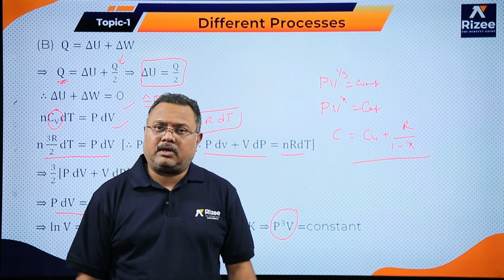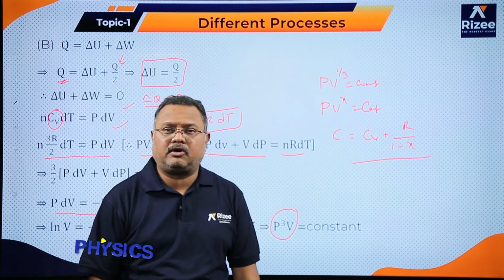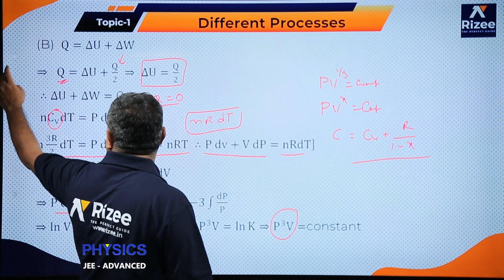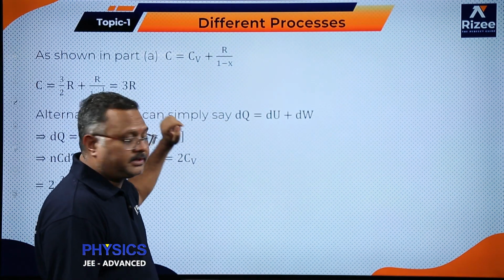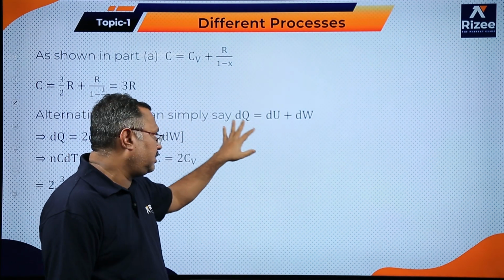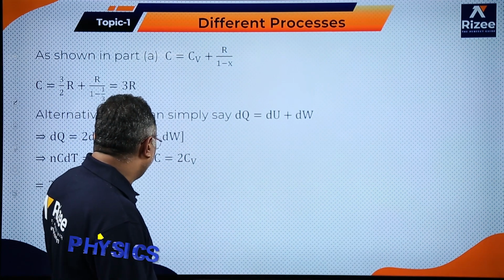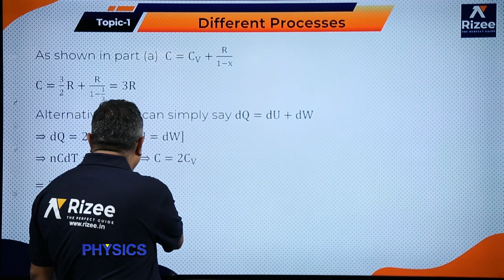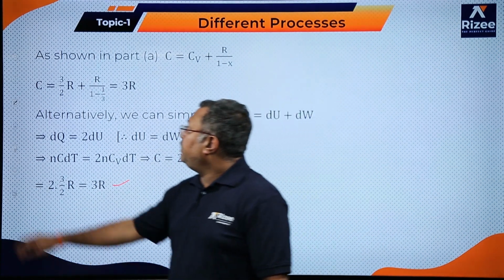Apart from that, you can also determine the molar heat capacity by substituting in the first law of thermodynamics. So the molar heat capacity C is 3R. Or else you can substitute the same information in dQ equal to dU plus dW in the first law of thermodynamics, and on solving you can also get 3R. Okay. Now going to the next question.